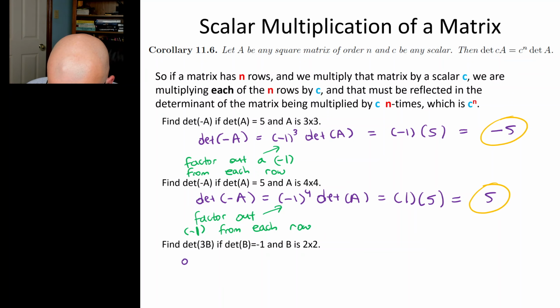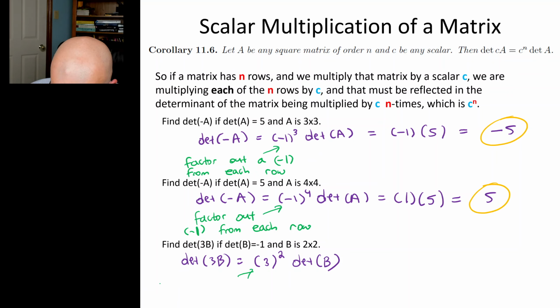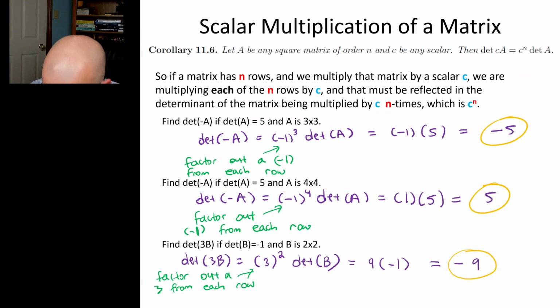So the determinant of 3B is equal to 3 to the power of 2 times the determinant of B. So we factored out a 3 from each row. So it'll be 9 times -1, which is -9. Pretty nifty.